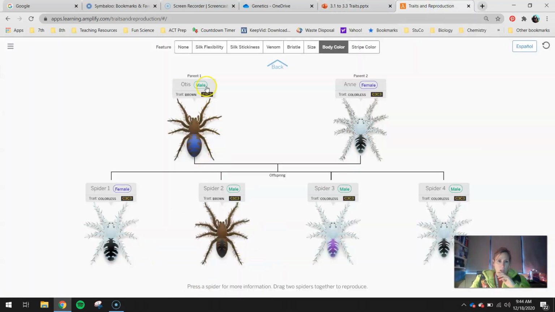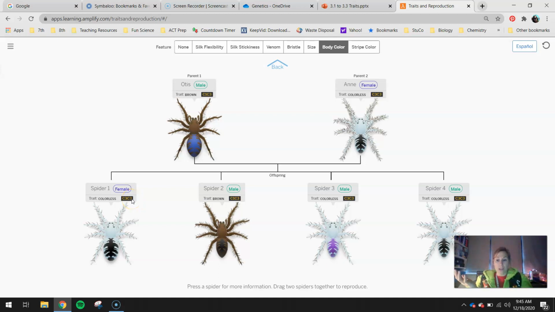Offspring 1 could have gotten either, so here's offspring 1, spider 1. We noticed that it got a C3 from mom. So all of these C3s that the offspring get all came from mom because that's all mom could pass down. So this first spider has the genotype C3C3. It got one of its C3s from mom.